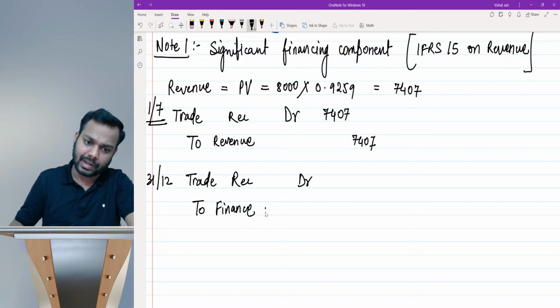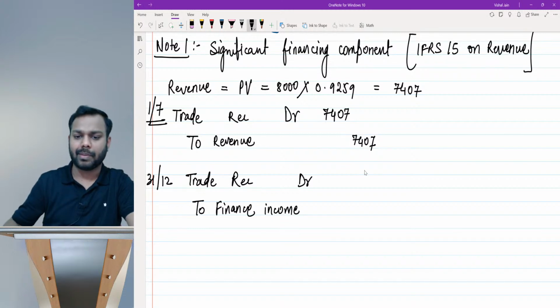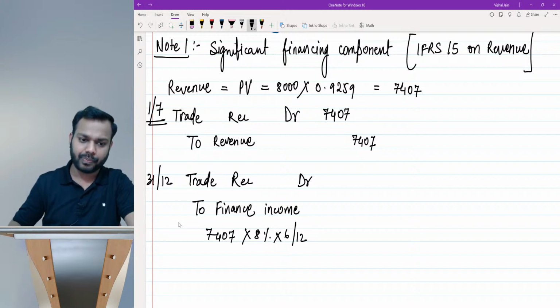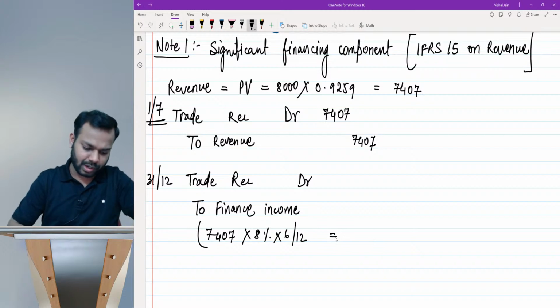To finance income. And what is the amount? The amount will be 7407 multiplied by 8% multiplied by 6 by 12. What is the value, tell me? 7407 multiplied by 0.08 divided by 2 is 296.